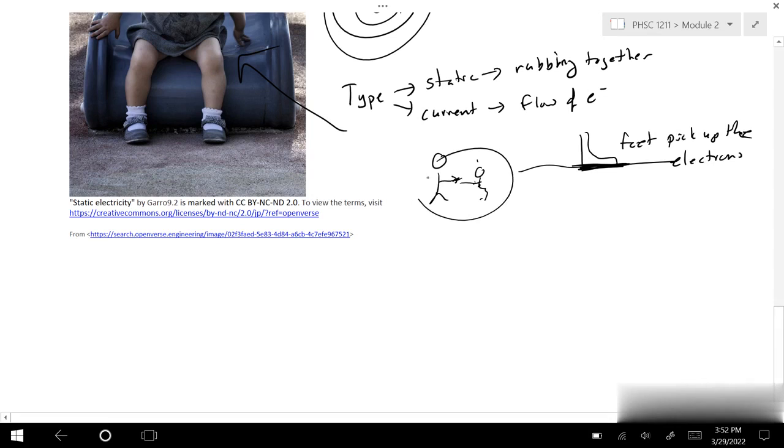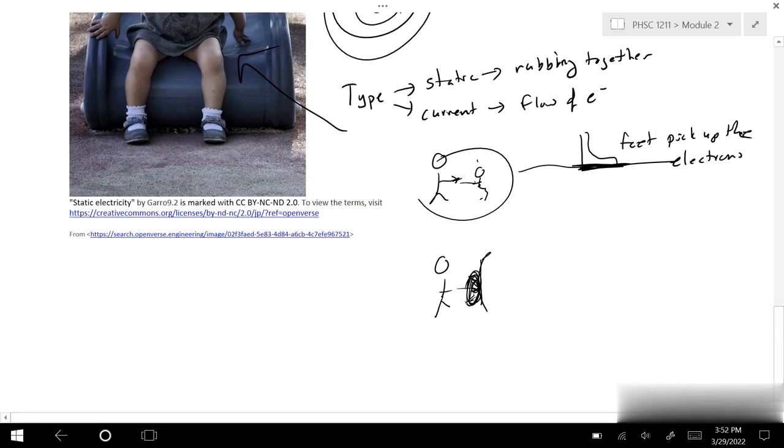So instead of shocking her friend, like I would do here, she shocked the gas pump. So here's her car. She went to grab the nozzle. The fumes were coming out. She grabbed the nozzle, shocked the nozzle, or that handle, and that spark ignited all the fumes right there.